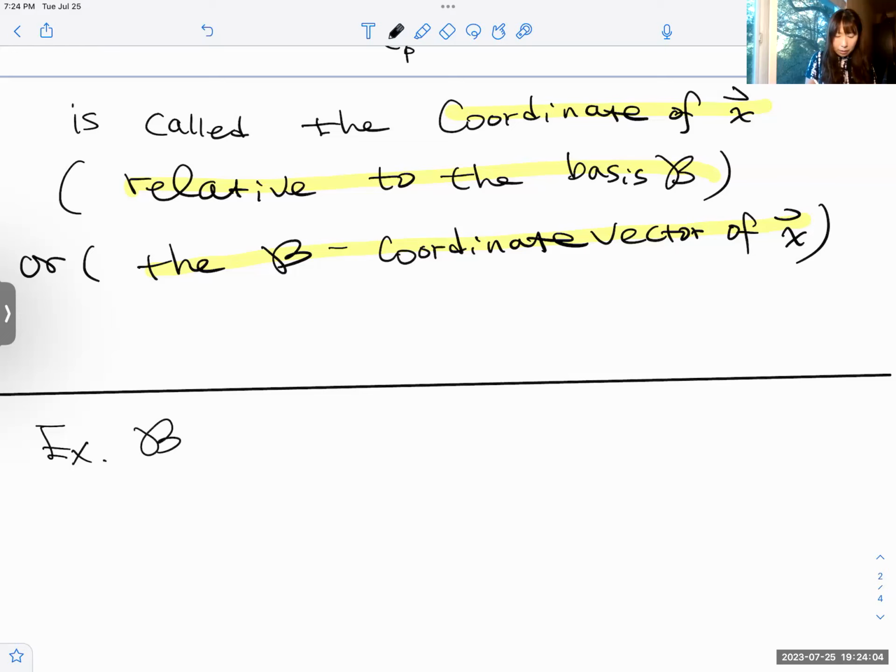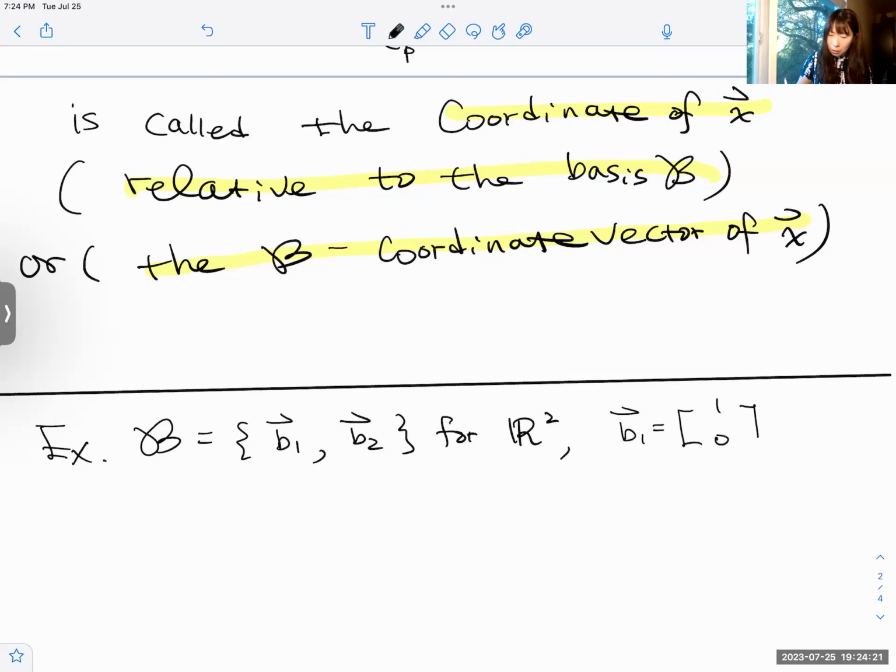So let us do this. We have a basis, vector b1, vector b2 for R2, where the column vector b1 is 1, 0 and vector b2 is 1, 2.